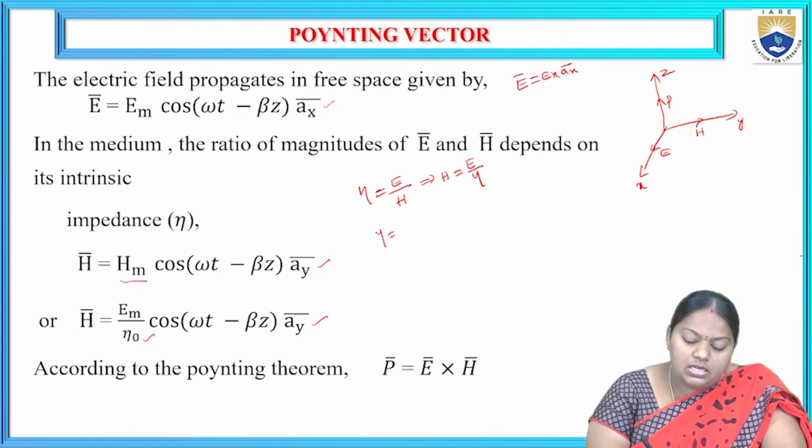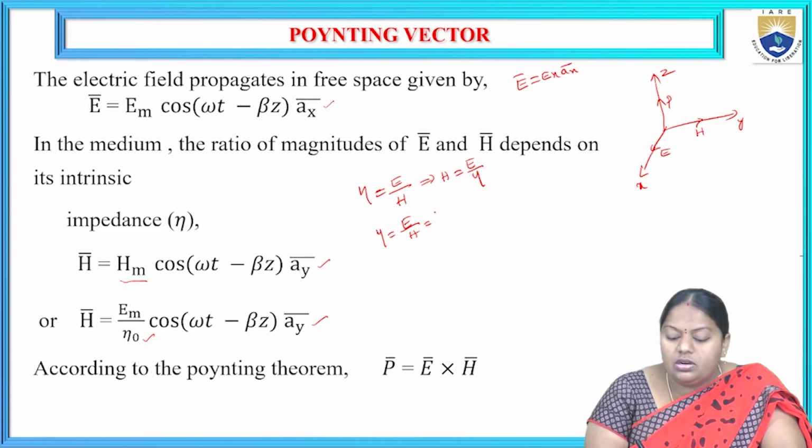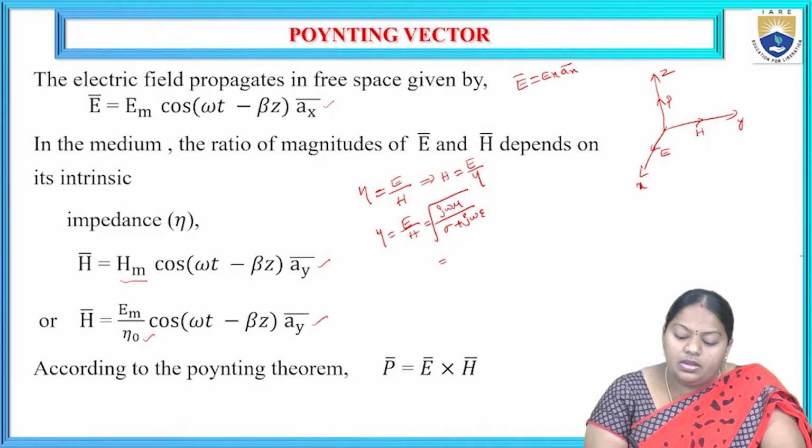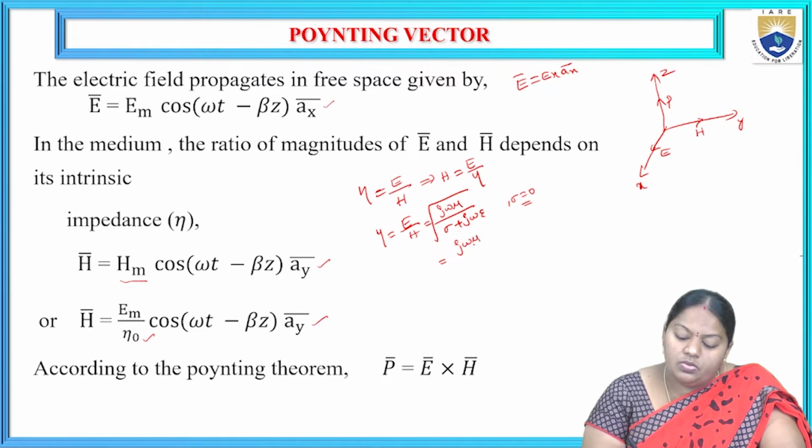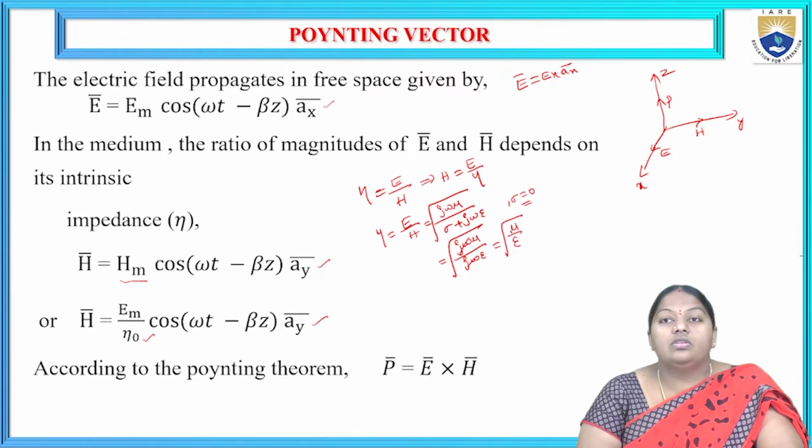Eta equal to E by H is given, in the general propagation characteristic equation, as the square root of j omega mu by (sigma plus j omega epsilon). If we substitute for a free space medium, we know that sigma is assumed to be 0. Substituting sigma by 0 in this equation, we get the square root of j omega mu by j omega epsilon. These two cancel, and the square root of mu by epsilon is left.